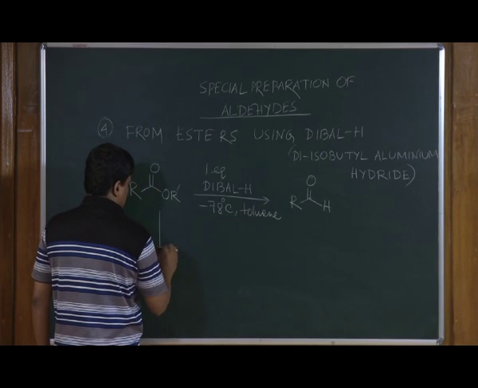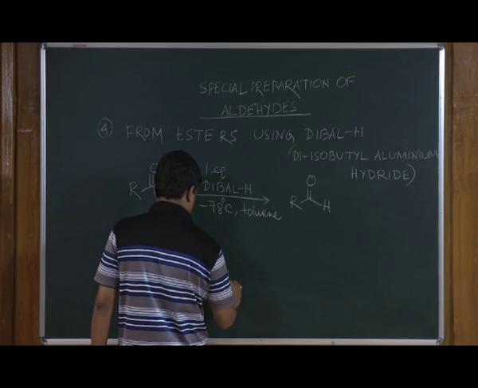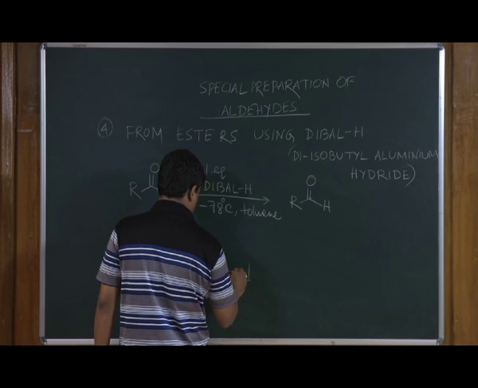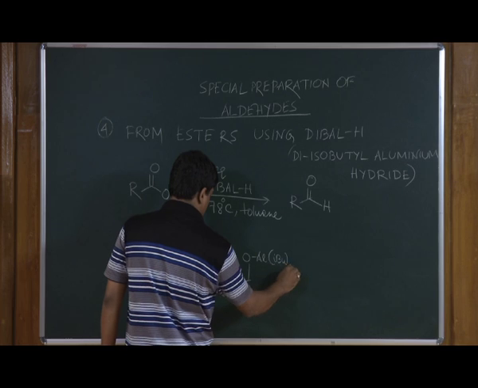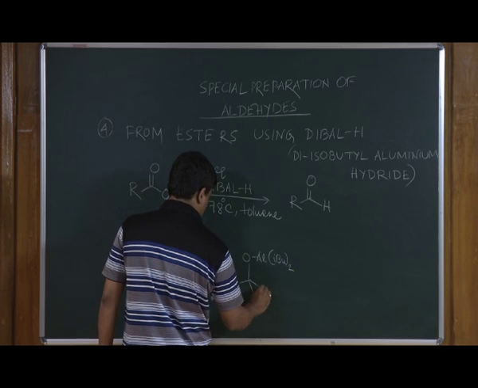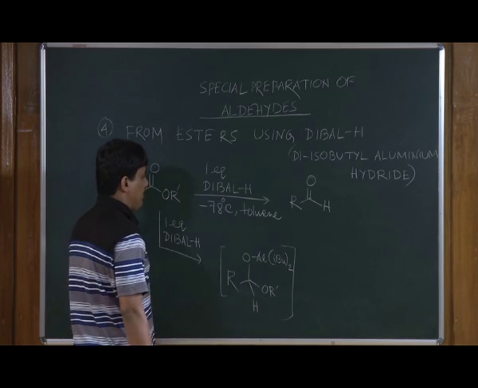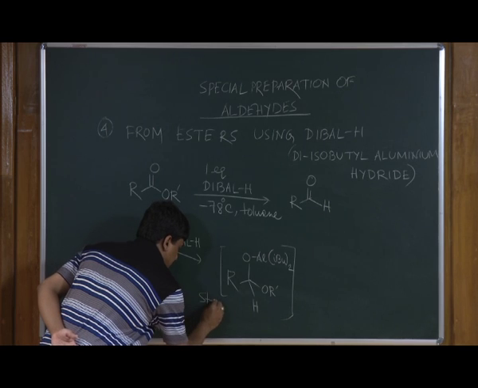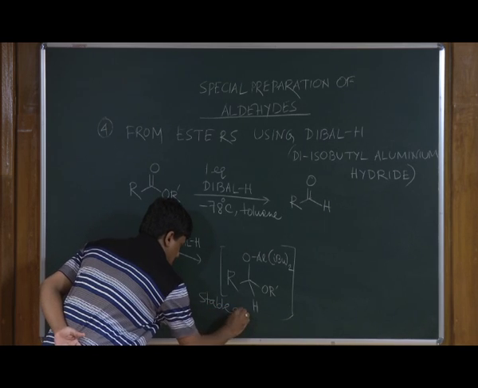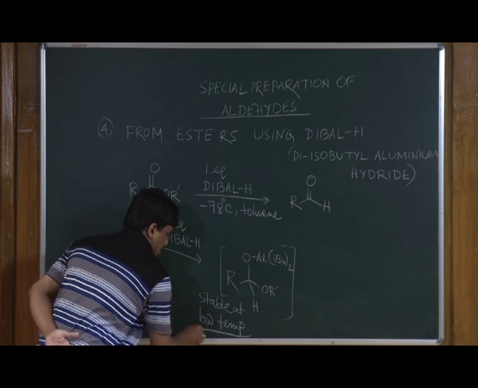So what happens if you add one equivalent of DIBAL-H? This intermediate forms, only one hydride delivery takes place, and this is stable at low temperature.